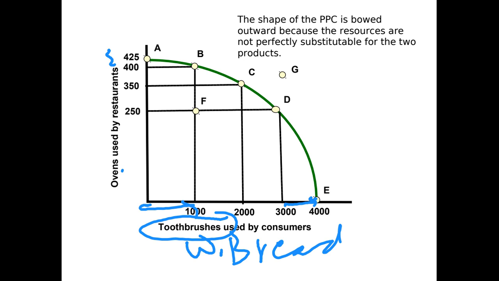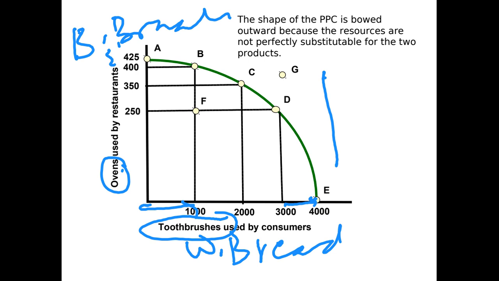Notice that the resources we use in the production of white bread and brown bread are substitutable. The same bakers can easily bake white bread or brown bread. In this case, when the factors of production are perfectly substitutable between these two sectors, we have a production possibilities curve as a straight line like this.